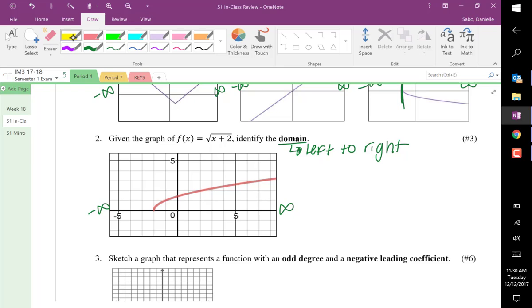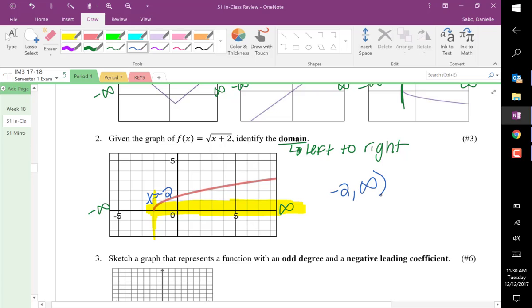So I start on the left and I come over here. Where do I start, at what number? Negative 2, right here in yellow. So from negative 2 to where? Where's it going? To the right. Good, to positive infinity. So take a look. I am starting here at x equals -2 and going to positive infinity because it's left to right.